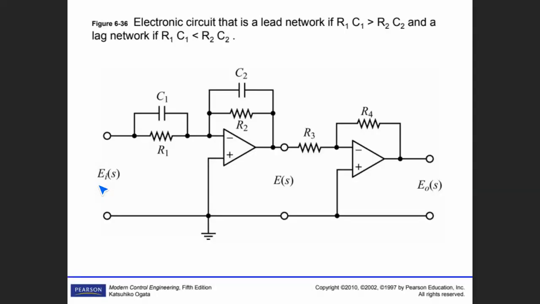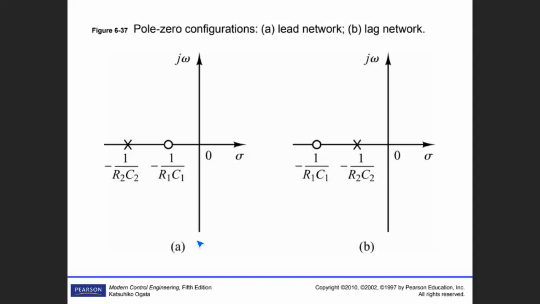The equations clearly reflect that we are adding 1 zero and 1 pole to this system. I'm repeating last week's course. This is a lead compensator.